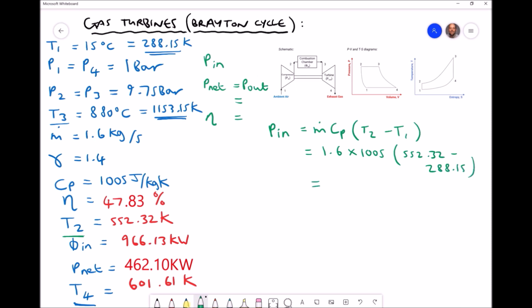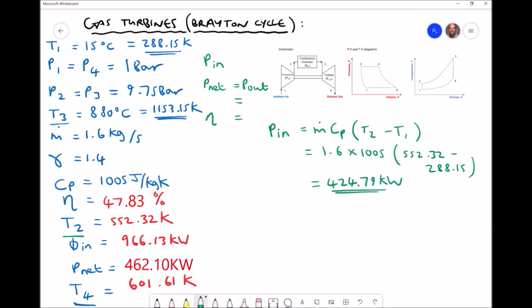Now, running those through the calculator gives us the power in, or the power consumed by the compressor, equal to 424,785. So converting that into kilowatts, we have 424.79 kilowatts.